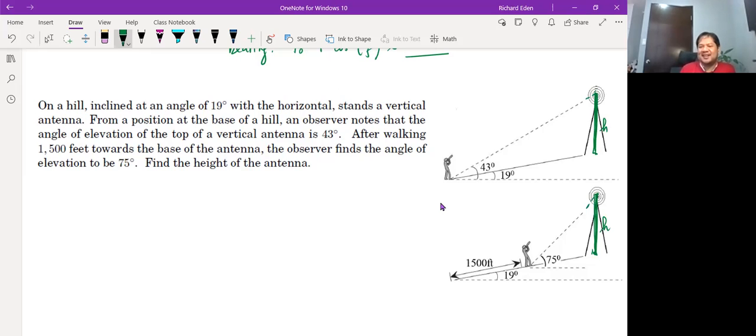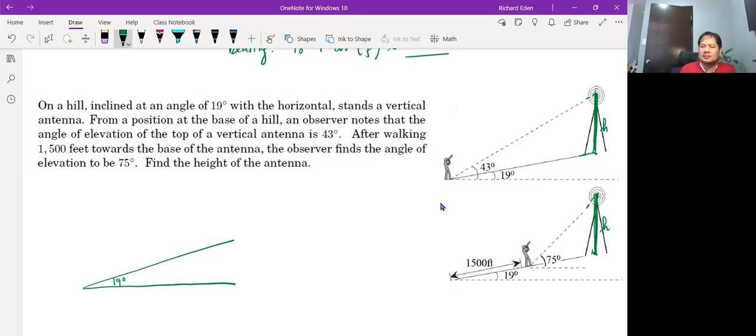No, no right triangle. Alright. Let that one be h so that it will be constant. Anyway, doesn't matter. The distance from the bottom of the hill to the antenna should be constant. So let the distance from the bottom of the hill to where the antenna is be x.